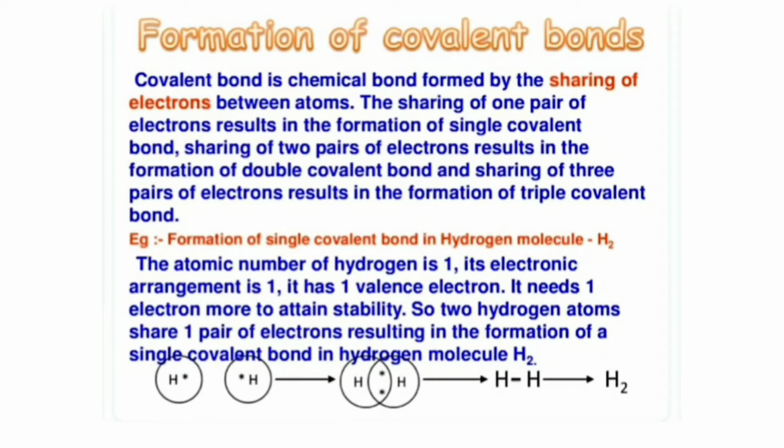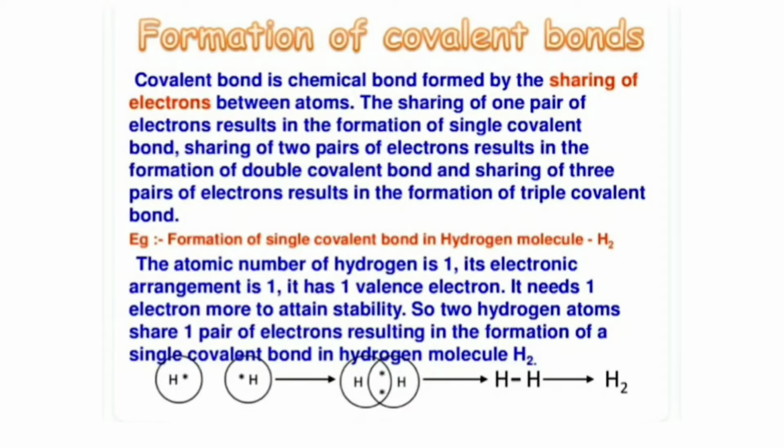Formation of covalent bonds. Covalent bond is a chemical bond formed by sharing of electrons between atoms. The sharing of one pair of electrons results in formation of single covalent bond, sharing of two pairs of electrons results in formation of double covalent bond, and sharing of three pairs of electrons results in the formation of triple covalent bond.